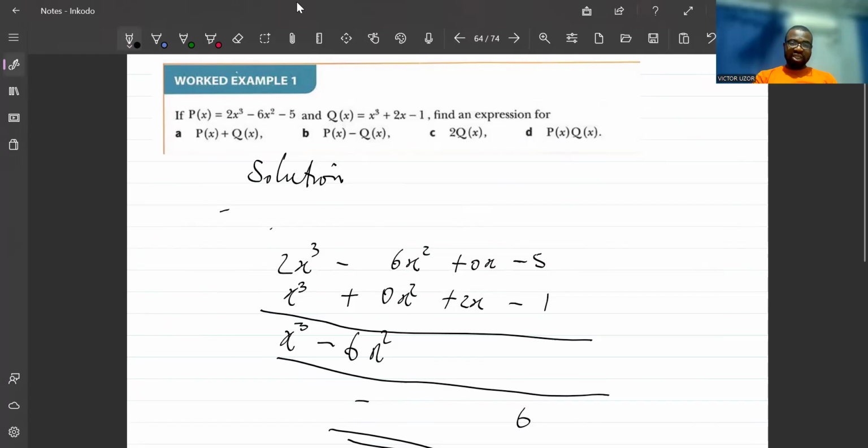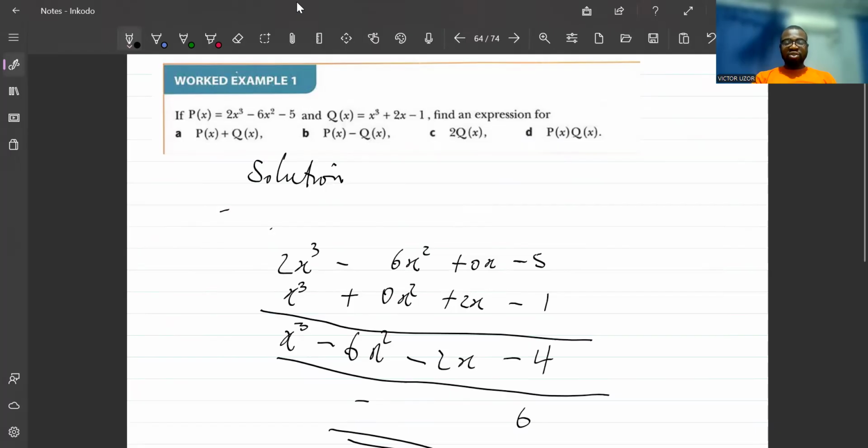Why in this case now 0x minus 2x will give you minus 2x. Then minus 5 minus 1 will give you minus 4.